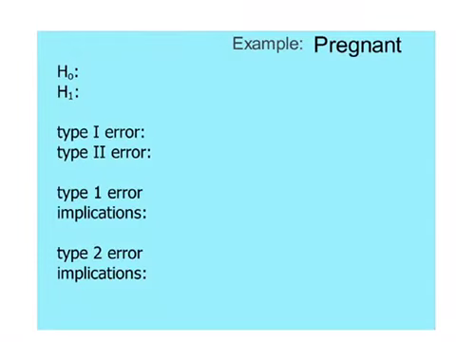An example where things are a little more obvious that you've made a mistake is pregnancy. Most people are considered to be not pregnant. If something changes from the null, then the person is now pregnant. Once again, if the test says she's not pregnant and she's not pregnant, correct decision.